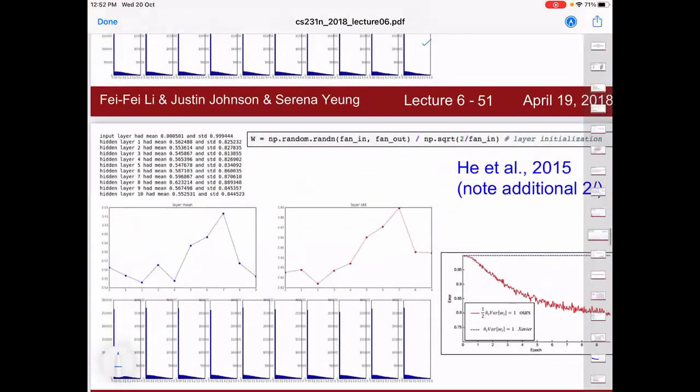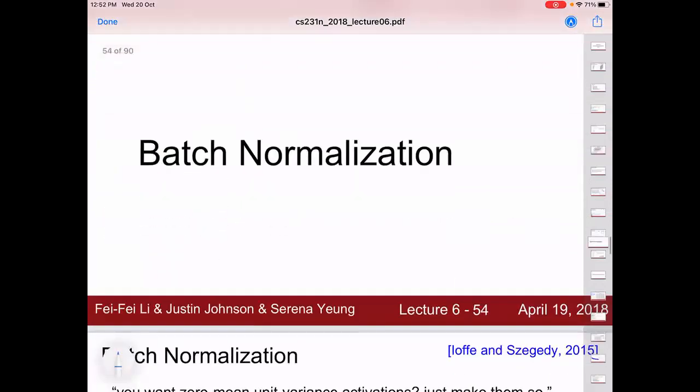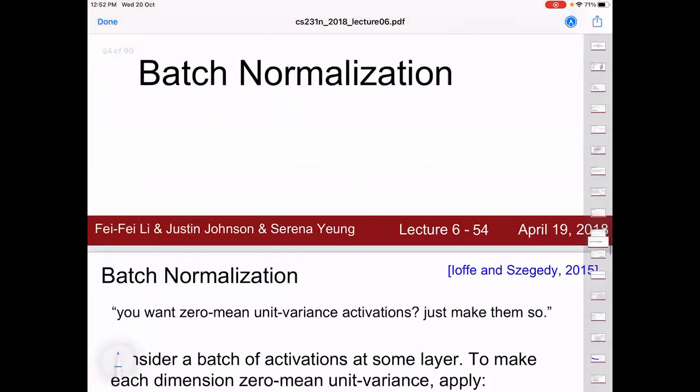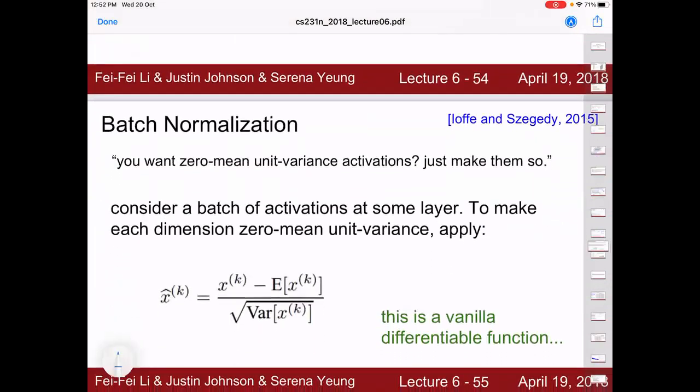Given that initialization and pre-processing are taken care of, the neural network architecture is also set. And there are a few other steps which will enable us to train the neural networks better. One such very important thing is batch normalization.